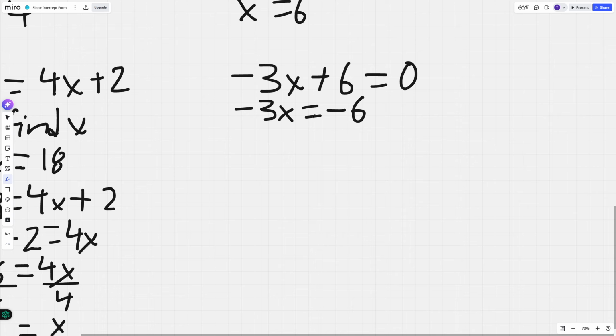So then you just divide both sides by negative 3. No, I got it. So you'd have to wait 2 hours before you have $0 if this is the equation. You start with $6 and you lose $3 every hour.